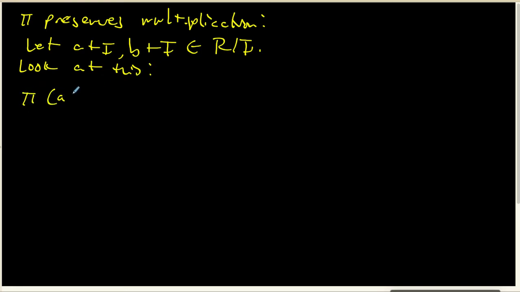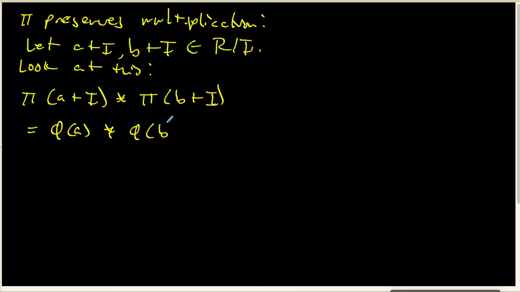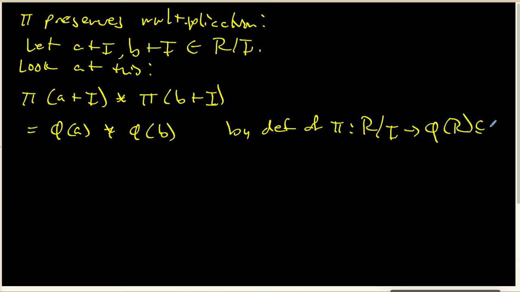Pi of A plus I times pi of B plus I is going to be phi of A times phi of B, and this is by the definition of pi, our map from R mod I into phi of R, which is a subset of the ring S.